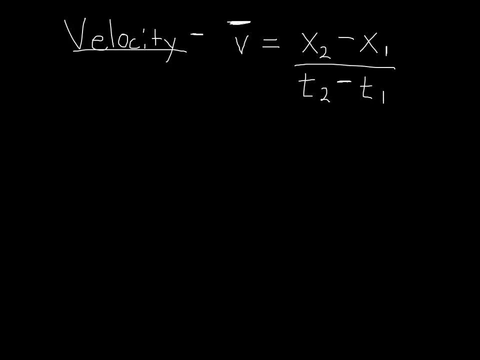Another way that we're going to write this is v bar equals delta x, the Greek letter delta means a change in x, divided by delta t.